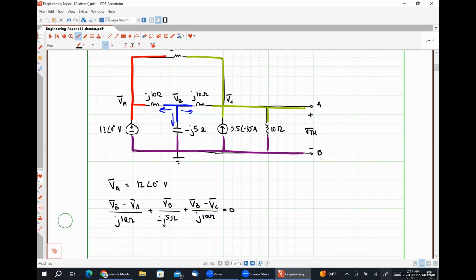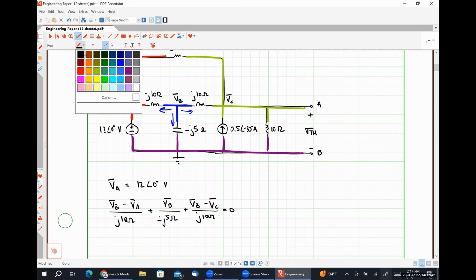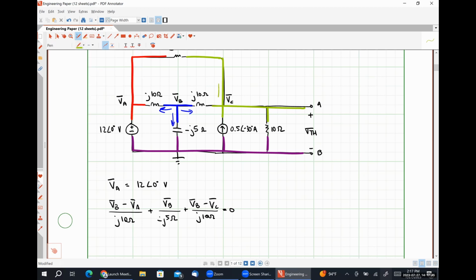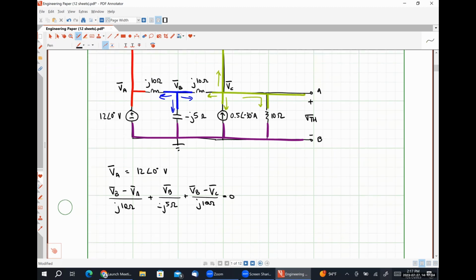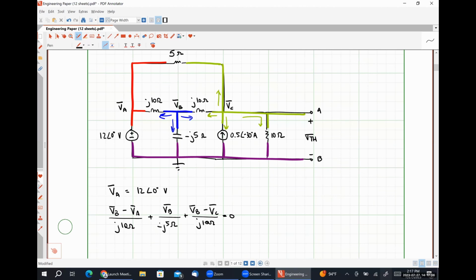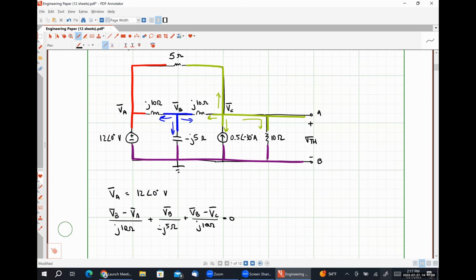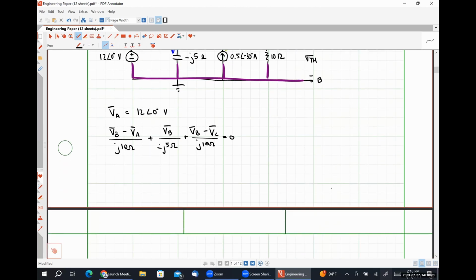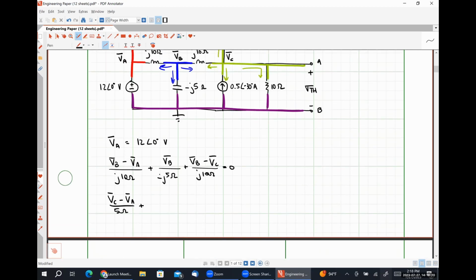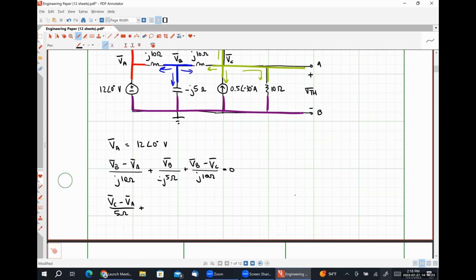Now I'm going to perform Kirchhoff's current law at node C. And so I'm going to be adding this current, this current, this current, and this current together. So starting with the current at the top, that's going to look like VC minus VA over 5 ohms. Then I have the current directed to the left through the J10 ohm impedance.